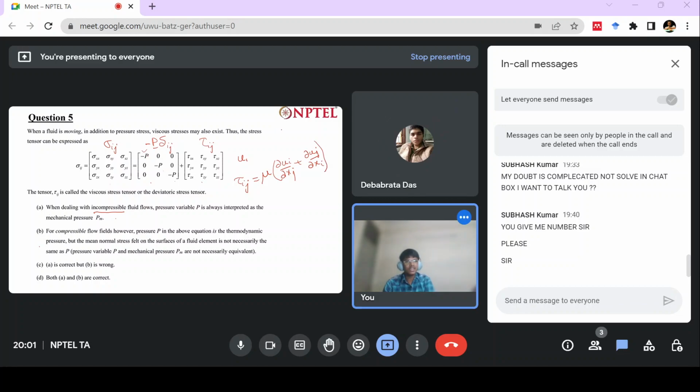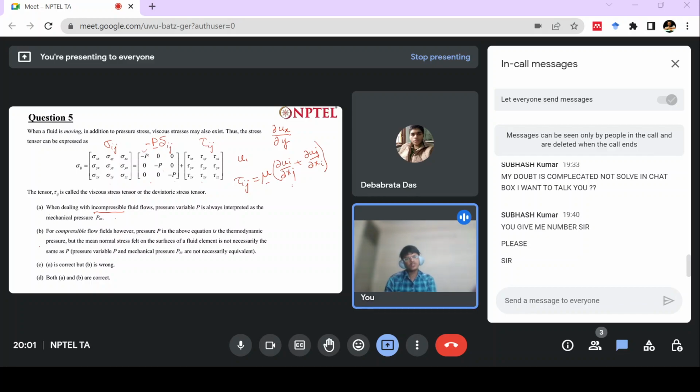When you have the x component velocity, for example ux, the derivative will be with respect to y or z, not x. You have x direction velocity and you move in the y direction to see how much the x direction velocity changes. So this is like a shear. This is the shear component, and this viscosity is Newton's viscosity or shear viscosity, whatever you call it.